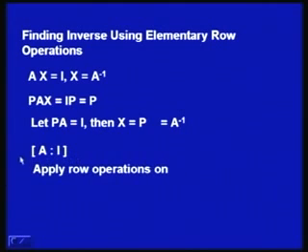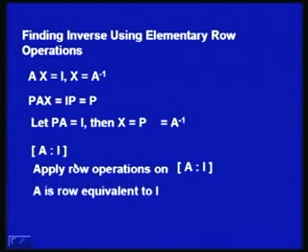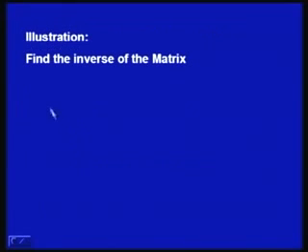Now we apply row operations on A and try to reduce A to the identity matrix, and the same operations are applied on I, and by the time A is transformed into I, I will be transformed into A inverse. So A inverse becomes P. Now let us illustrate with an example.